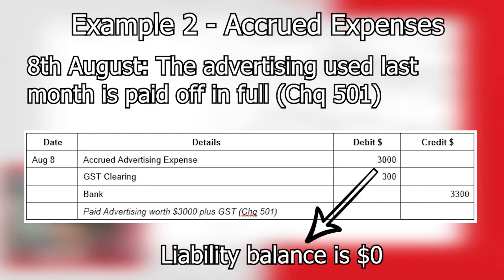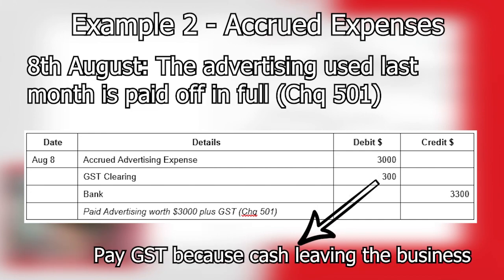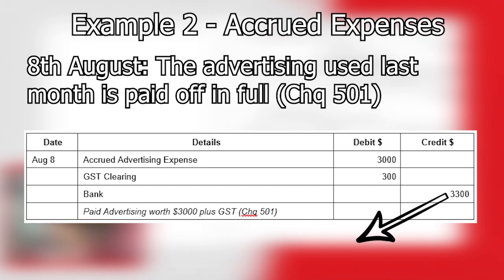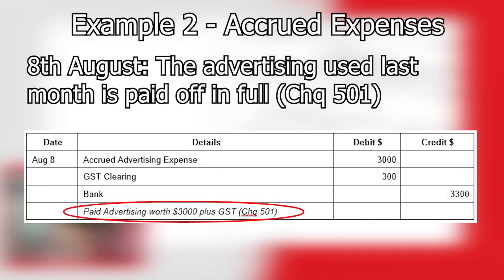The GST clearing of 300, making sure we're paying GST, and the bank 3,300. And that's a credit because bank going down. And the narration paid advertising worth 3,000 plus GST that was used the previous month. Check 501.